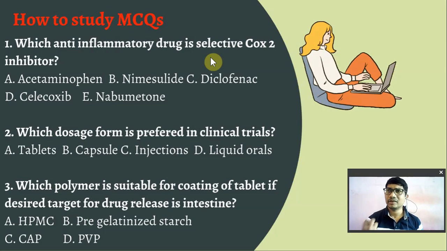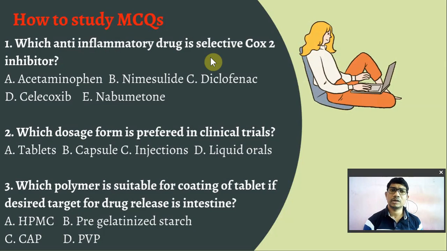It has a very weak anti-inflammatory activity. It is ineffective in case of inflammation, because in inflamed tissue there are peroxides. In the presence of peroxide, paracetamol becomes ineffective, and that's why it has weak or no anti-inflammatory activity. Okay, second point.